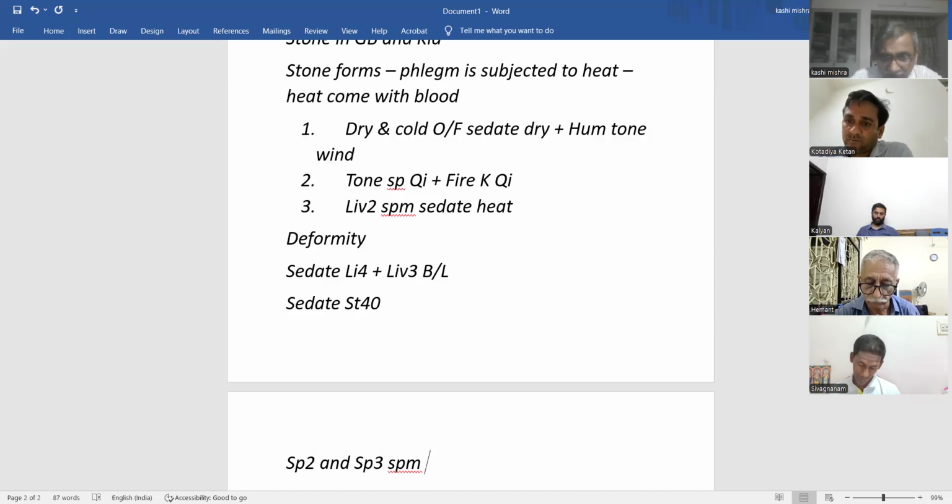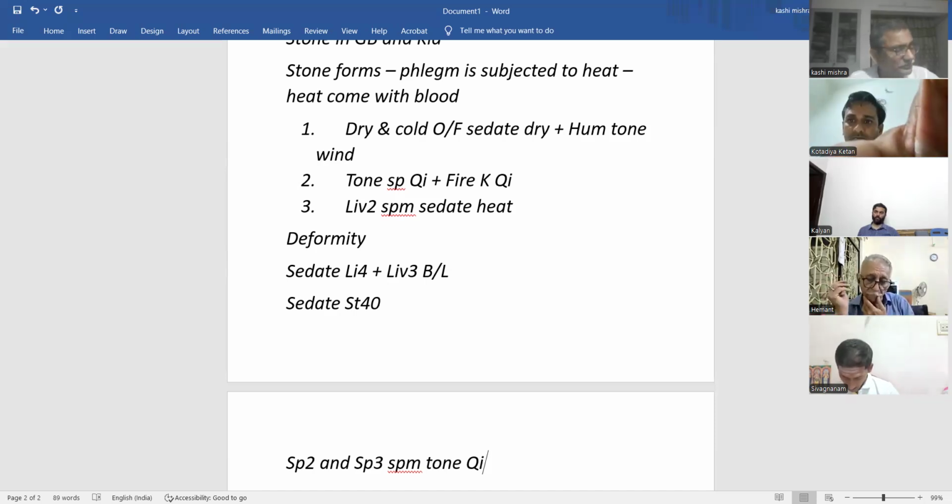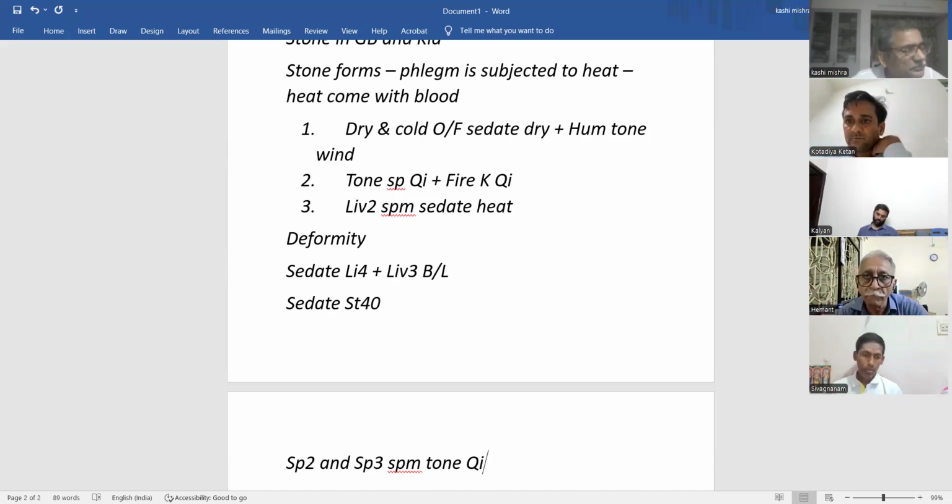SP6 क्या करें? टोन. Spleen chi लिखता हूं मैं, यहां की टोन करेंगे. Heat, humidity, tone, dryness, coolness, acidity. You can have all the 3 points. Right? And what else you can do? Plus.